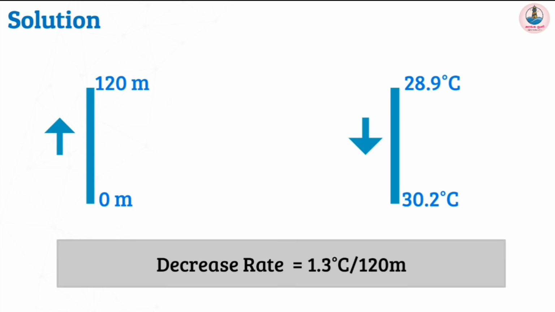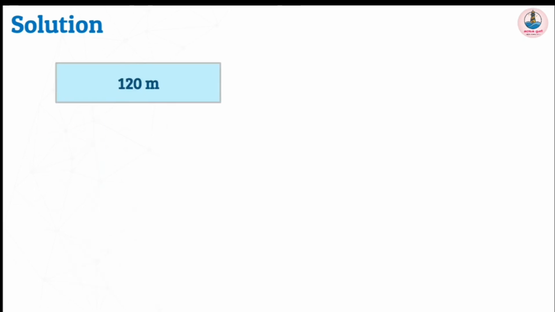You can see the decrease is 1.3 degrees for every 120 meter. So when the altitude changed by 120 meter, our temperature decreased by 1.3 degrees Celsius.